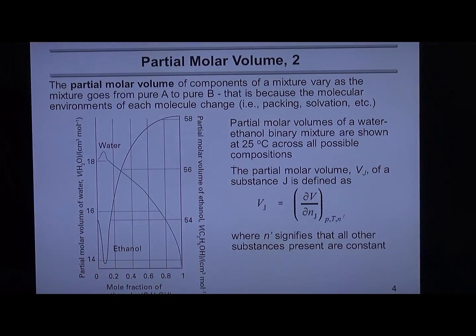But we can also formally define partial molar volume with this formula.